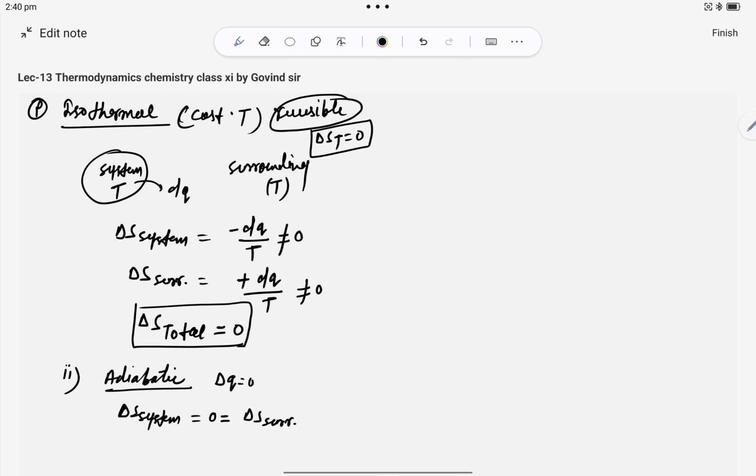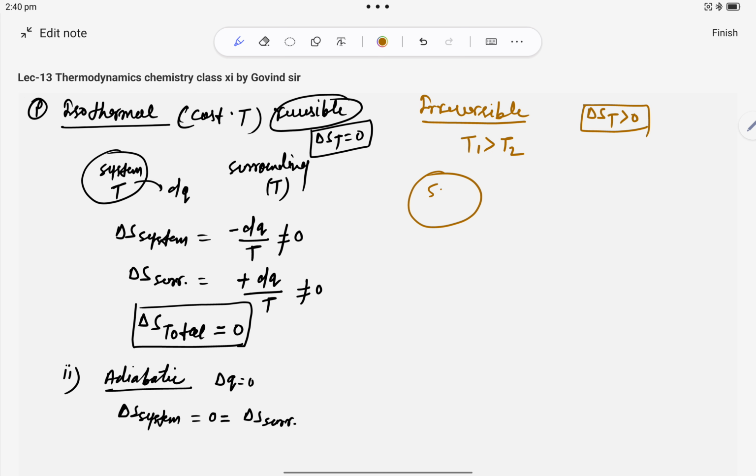Irreversible, here delta T is greater than 0, and T1 is greater than T2.